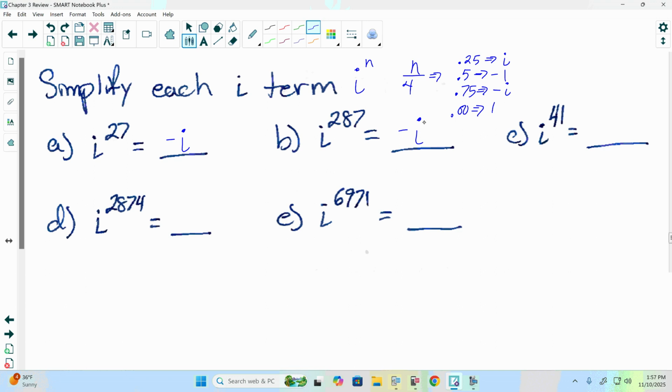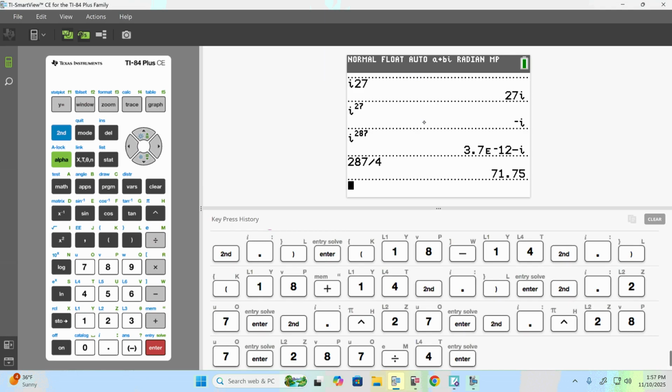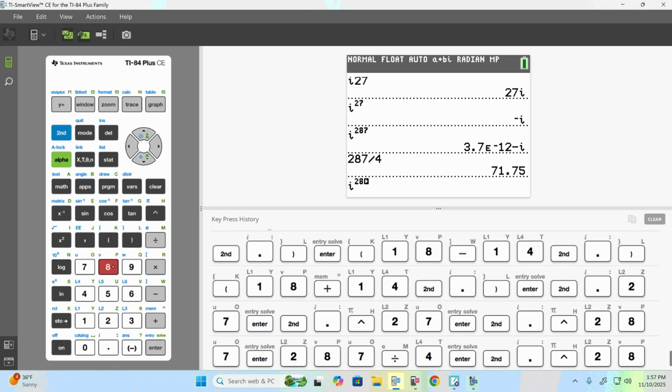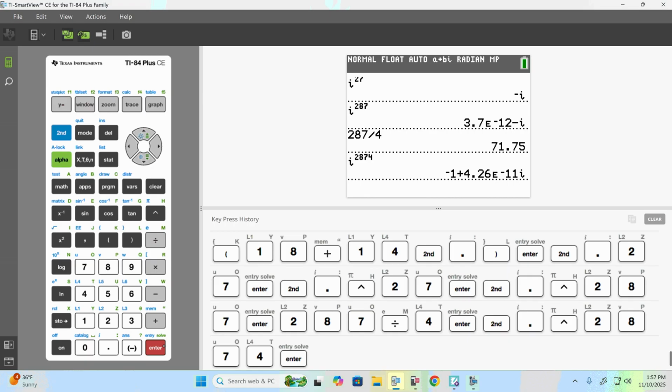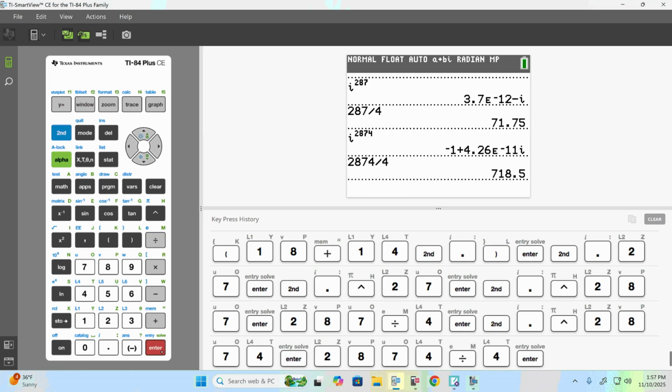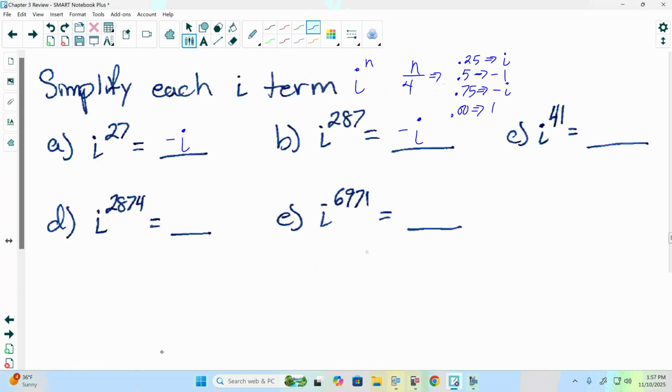Now the second one, i to the 2,874, the calculator gives negative 1 plus 4.26e11 times i, but really that whole part is 0. I think it's easier just to go 2,874 divided by 4. We get 0.5, and 0.5 tells us that it is negative 1.